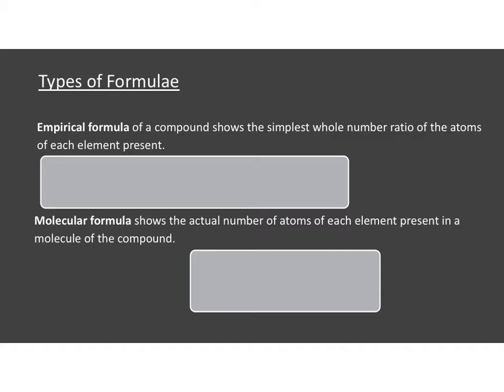So for example, when we were working out the formula of calcium oxide, we first of all came up with the formula of Ca2O2, but then we cancelled that down to give us CaO, which is of course the simplest ratio.